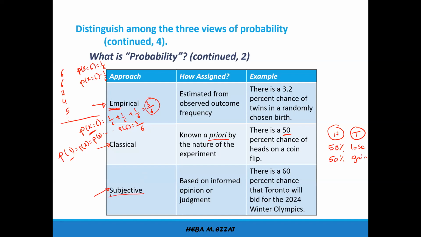It's based on my personal opinion or judgment. So if I ask you a question like, what do you think the probability of spreading coronavirus in the next week? Some doctors may say it's 20%.